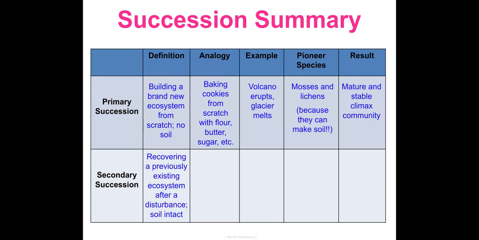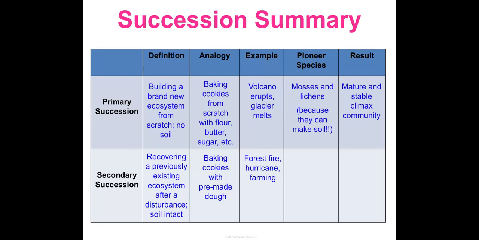In secondary succession, we're recovering a previously existing ecosystem after a disturbance and we still have soil. This would be like if you made cookies with pre-made dough. You don't have the final result, but you basically have everything you need ready to go.